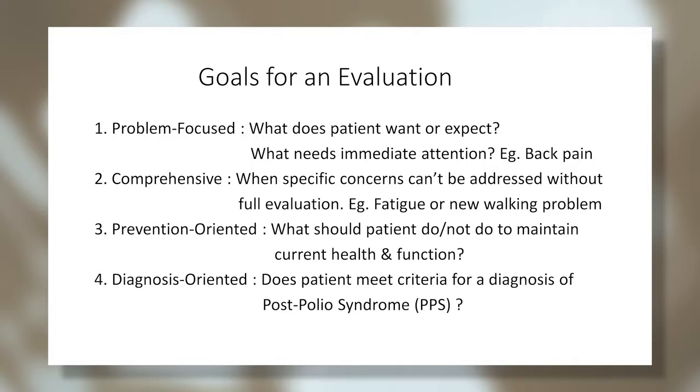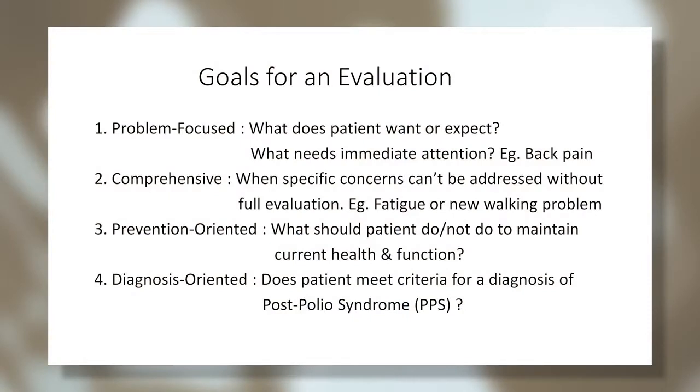It's a problem-focused type of evaluation, and it's important to know how urgent that is. Is it something that needs attention, like back pain or a new shoulder pain that's really limiting their function, or is it something that's been going on for a longer period of time?